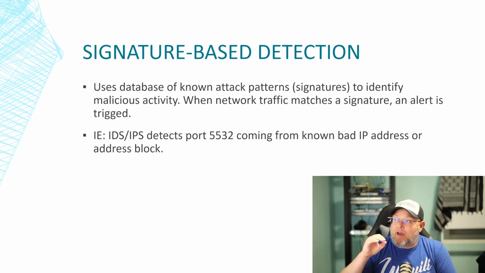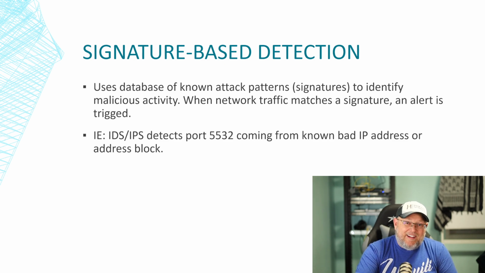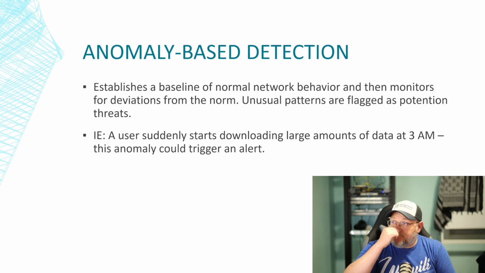When network traffic matches a signature, an alert is triggered. Here's an example. IDS, IPS detects port 5532 incoming from a known bad IP address or address block. This matches these signatures. We're either going to get a notification or we're going to get an action on that, which could be to block the traffic.